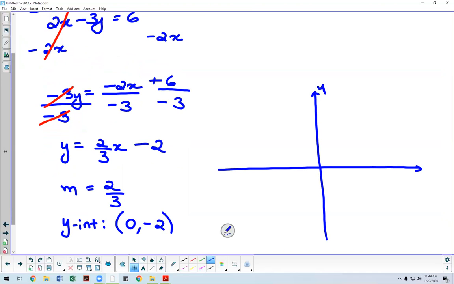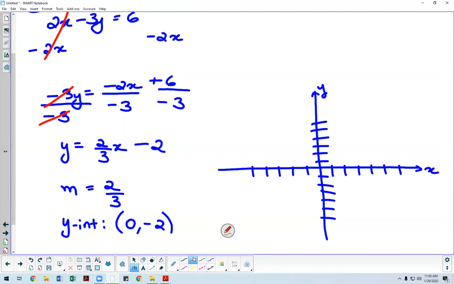I will try one more time, but I am not very optimistic on what this is going to end up looking like. So of course your starting point is the y-intercept again at 0, negative 2. Okay, so this side seems to be better. Where will 0, negative 2 be?